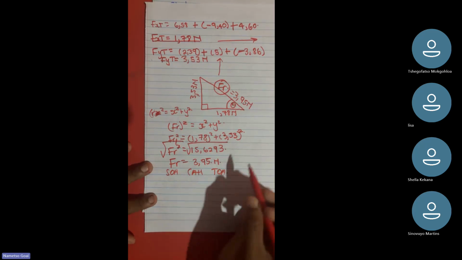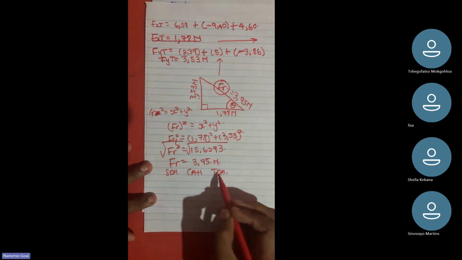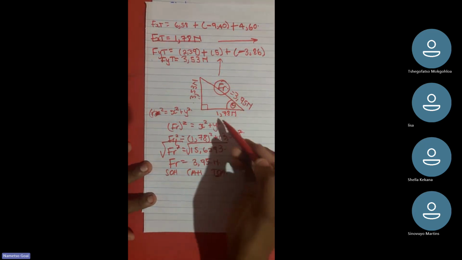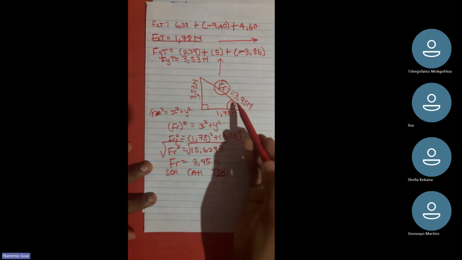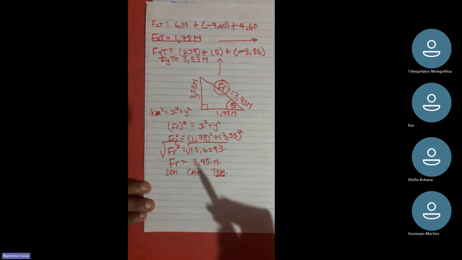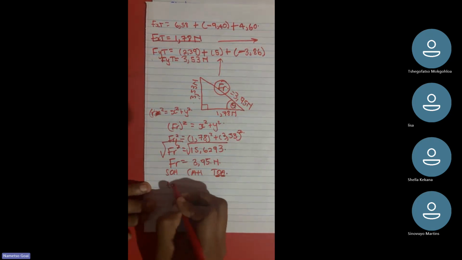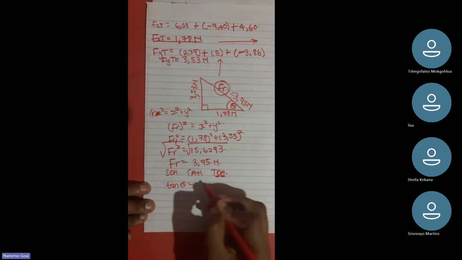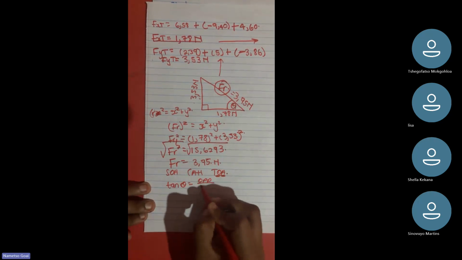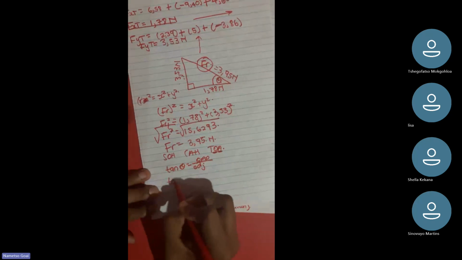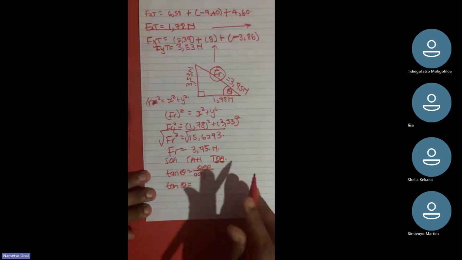So if you have the opposite, which is this, and you also have the adjacent, and you're looking for this, you can just use tan, right? So you're going to say tan theta equals the opposite over the adjacent.